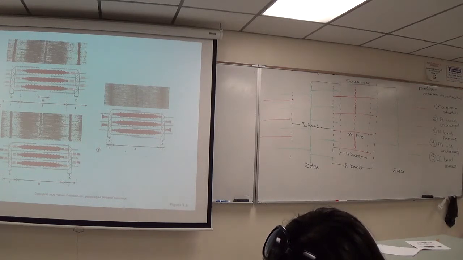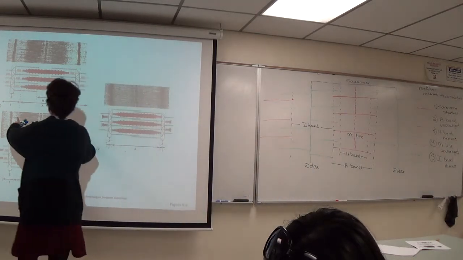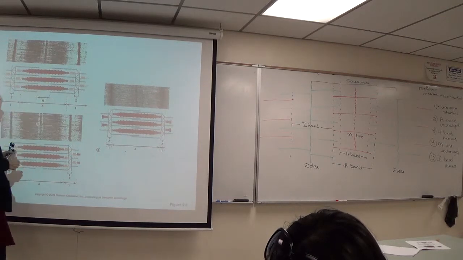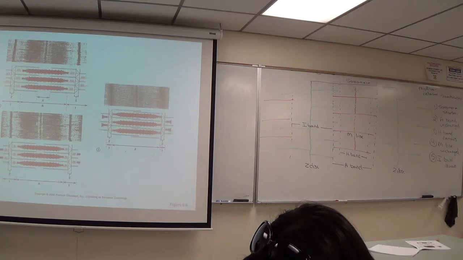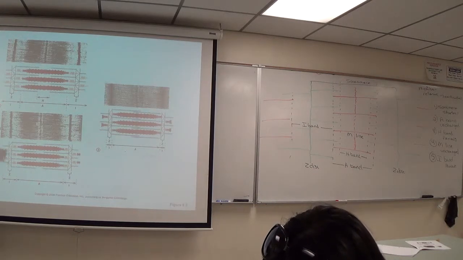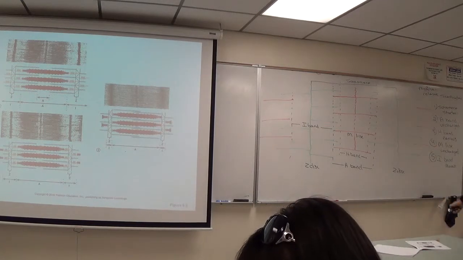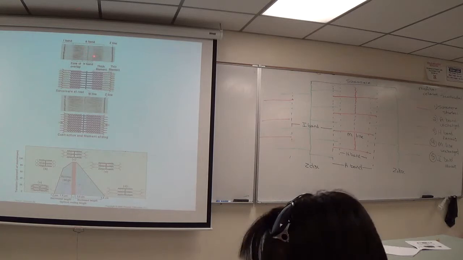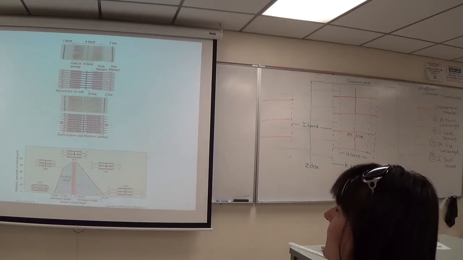Now, here this looks almost as wide as that, even though we have a more narrow H zone. When I show this on quizzes or on lecture exams, I do the same thing. Because if you look at this next picture, if I say, looking at this sarcomere, is the muscle cell contracted or relaxed? Well, here it's shorter, so obviously it's contracted.